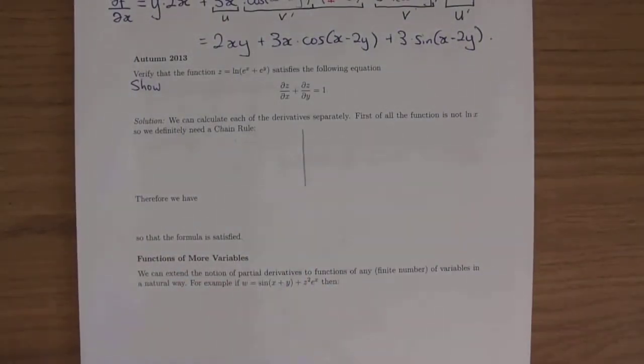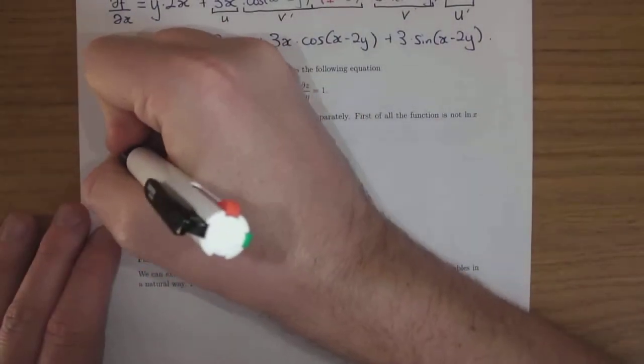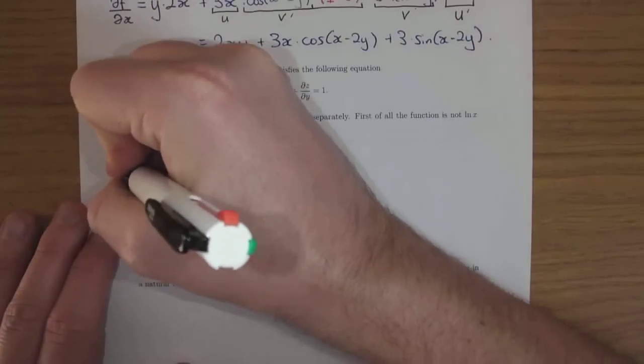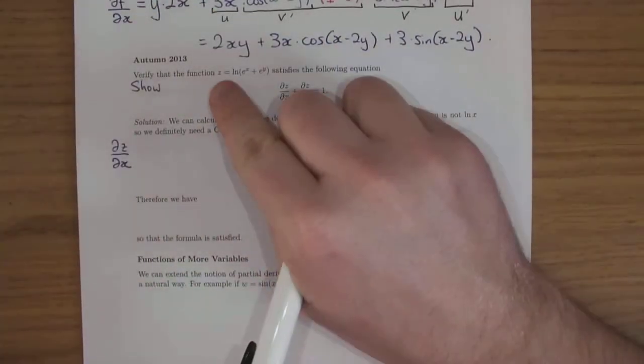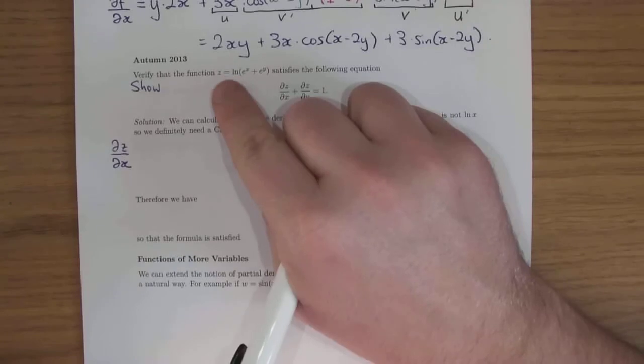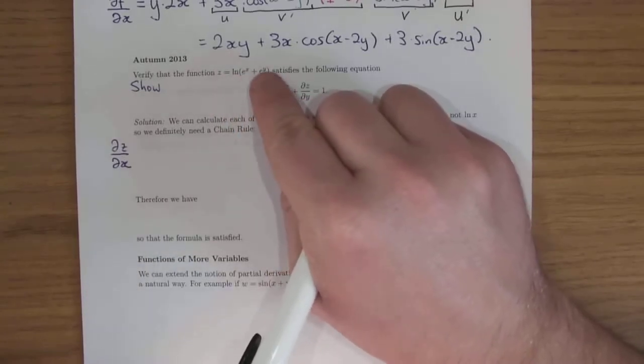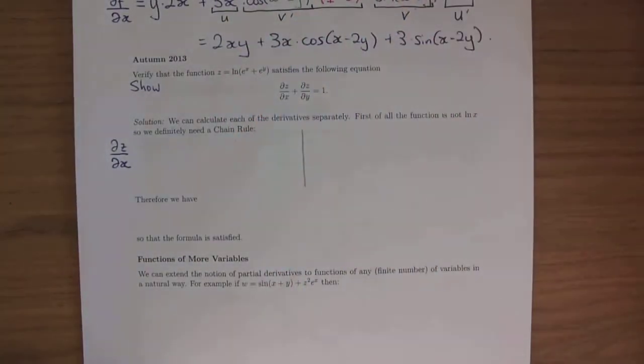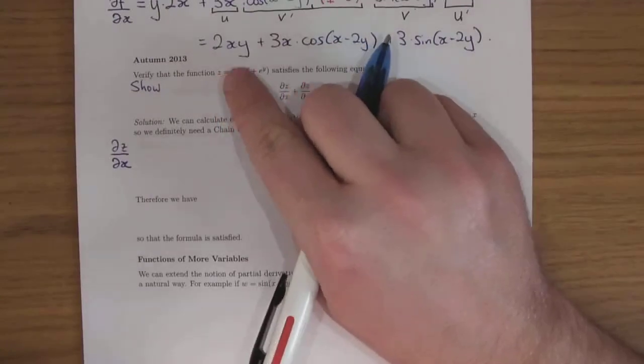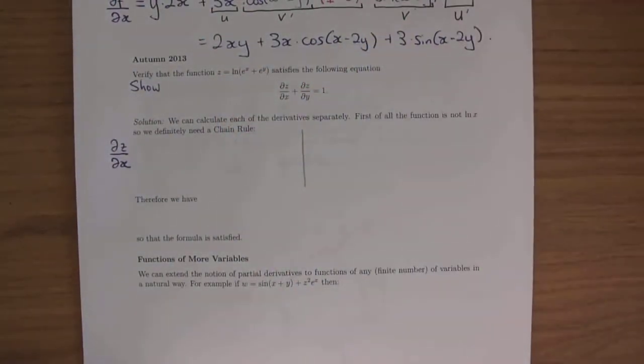Okay. So, partial z, partial x. Now this is not log by e to the x plus e to the y. That's just simply not the case. It's log of, so it's outside, inside, so it's a chain rule.